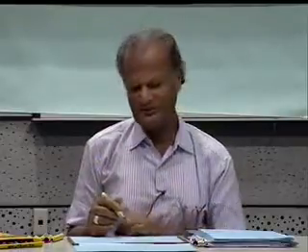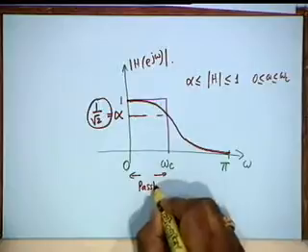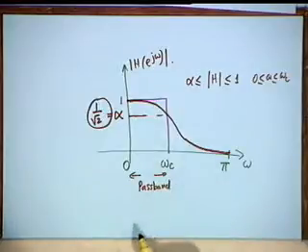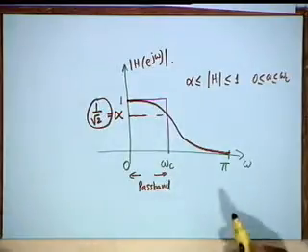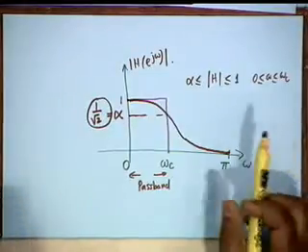Ideally, we should have had 0 decibel, that is unity transmission. So, this range is called the pass band and then you have to define a stop band.